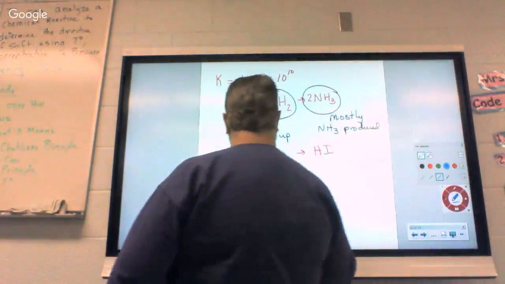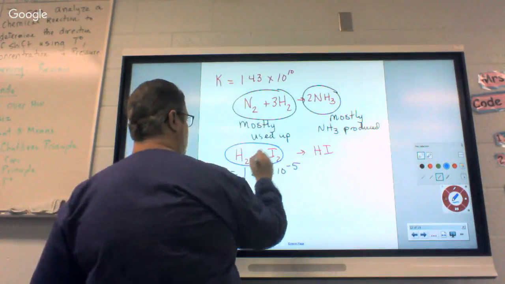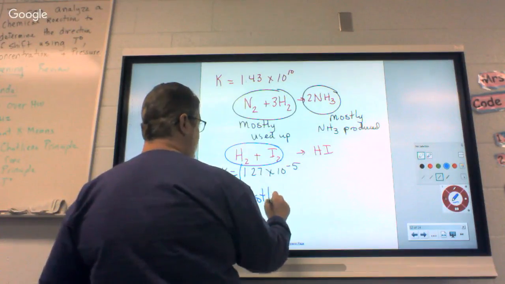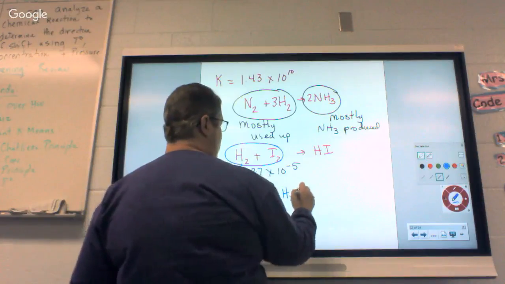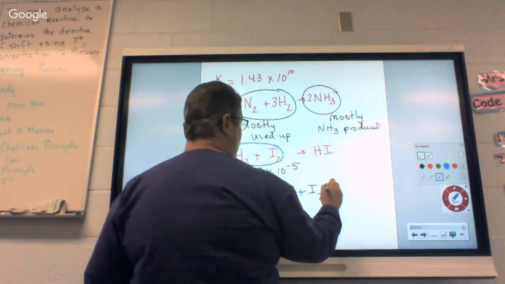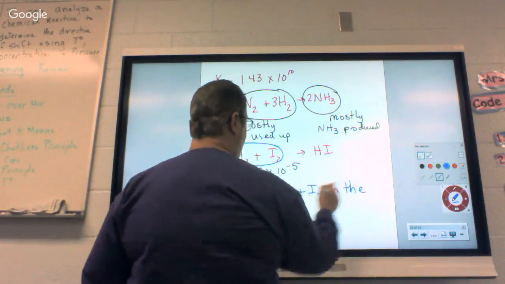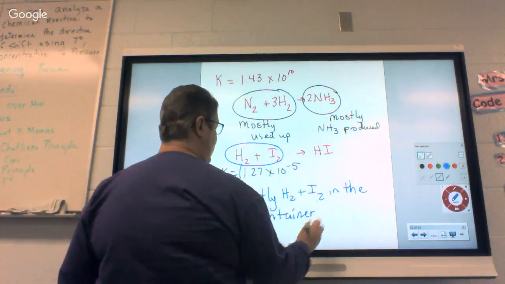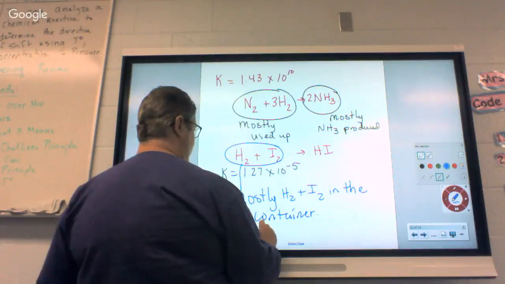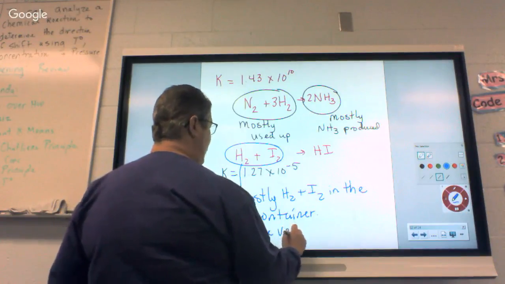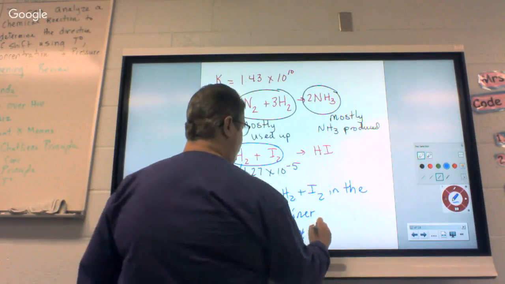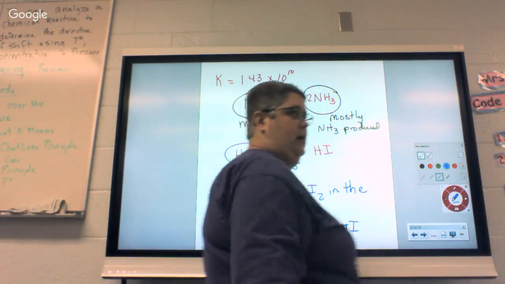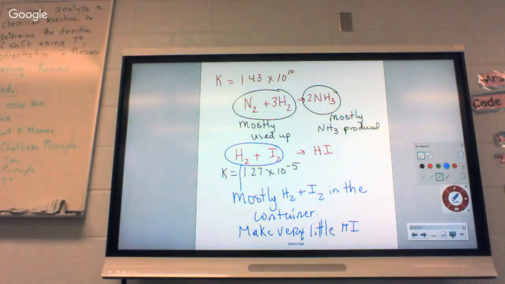You would have mostly H2 and I2 in the container. Okay? You would make very little HI. Okay? Very little. You would get virtually none.